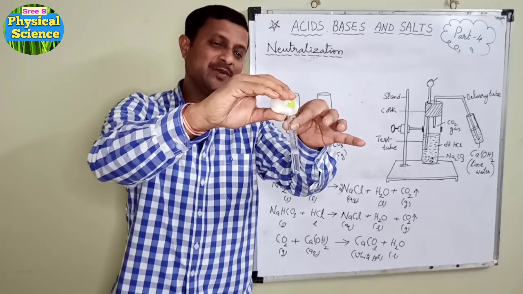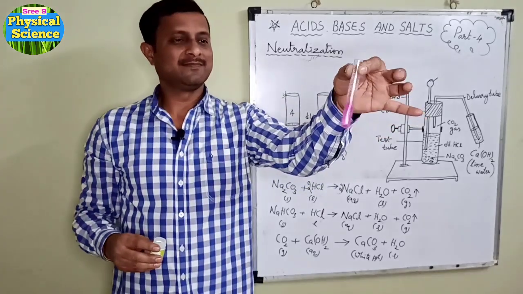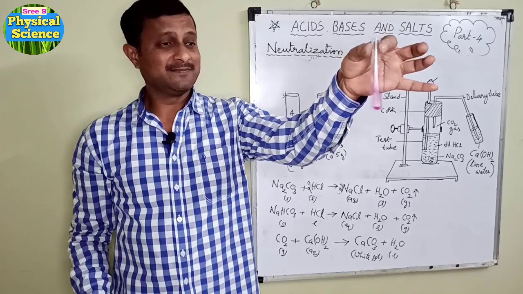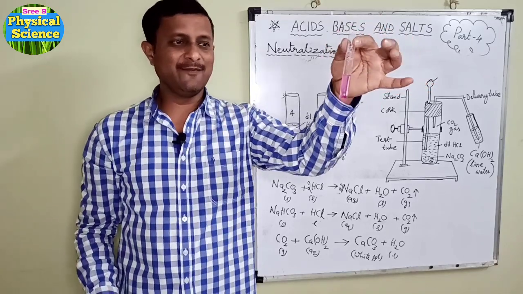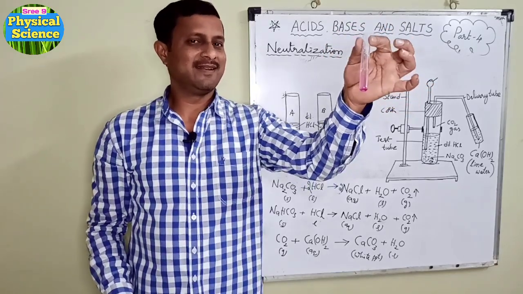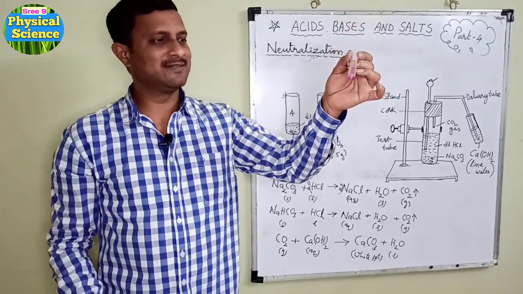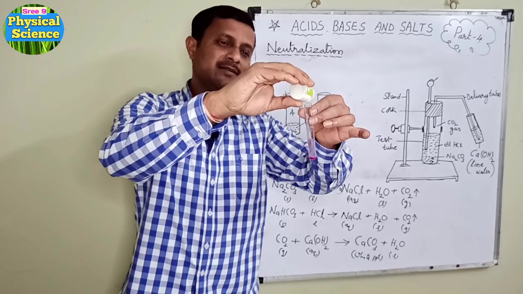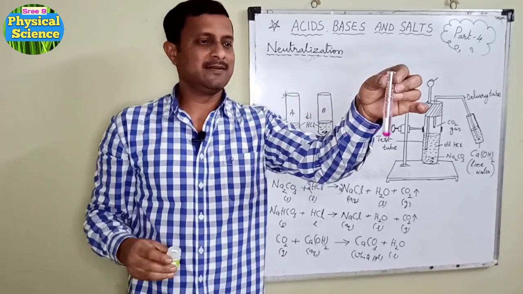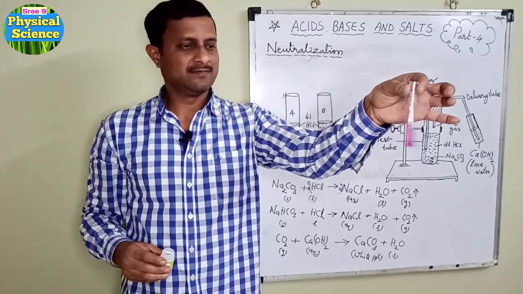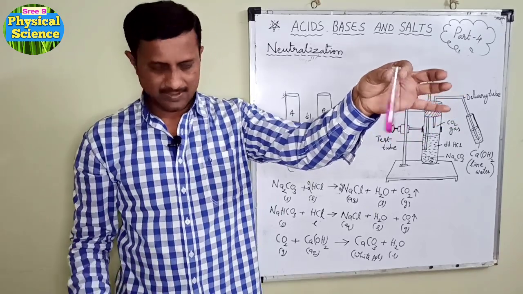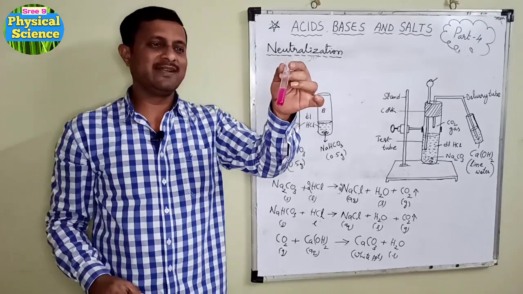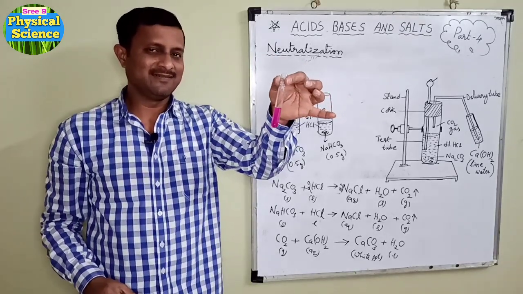So what reaction is going on here? Did we get pink color? Yes, again we got pink color. Now can you see this? Yes, the pink color is obtained, regained, right?